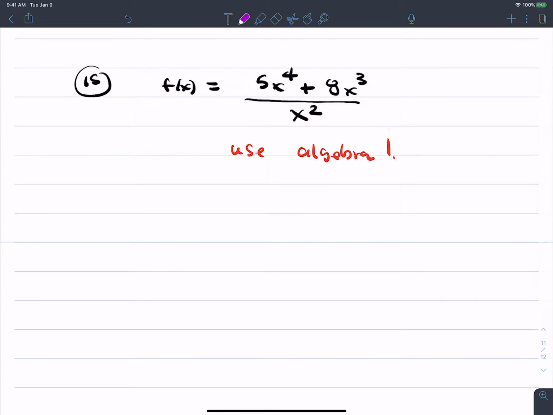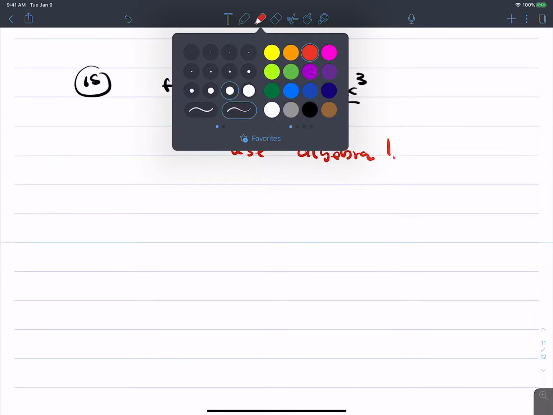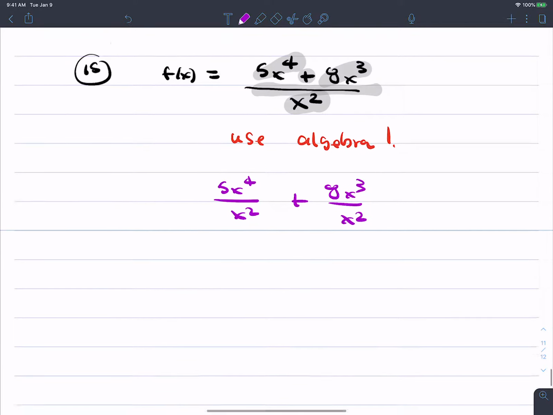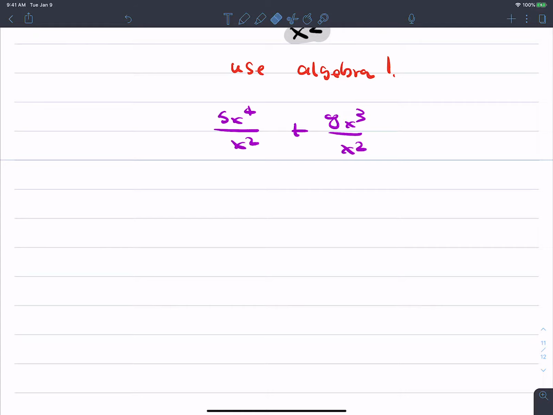What do you mean? Well, the x squared term is dividing two terms. It's dividing a sum, okay? Since it's dividing a sum, we distribute the division. Notice what this is. This is beginning algebra, ladies and gentlemen.